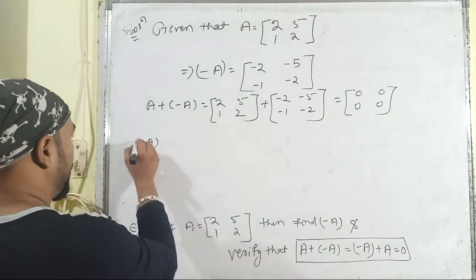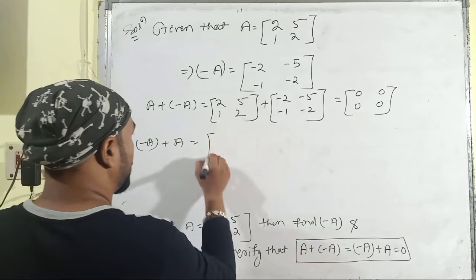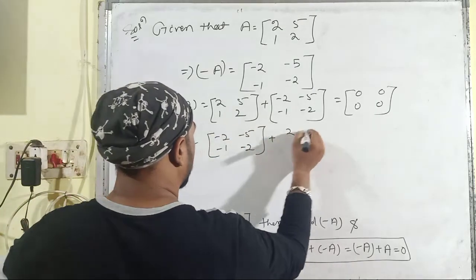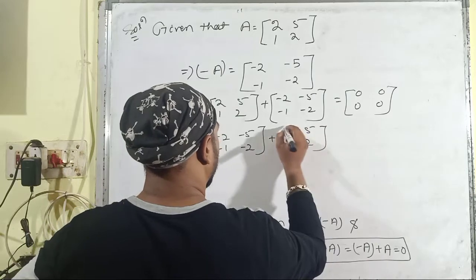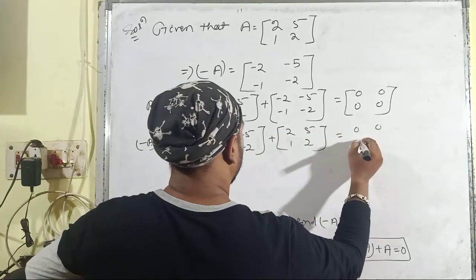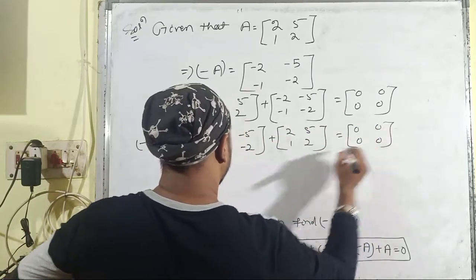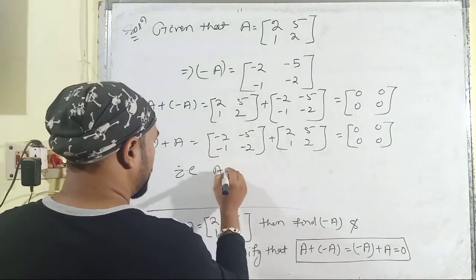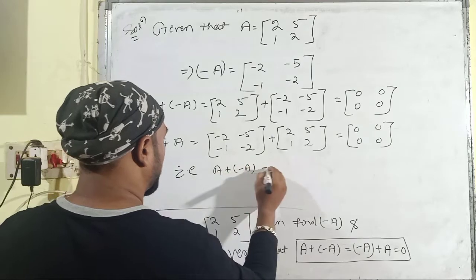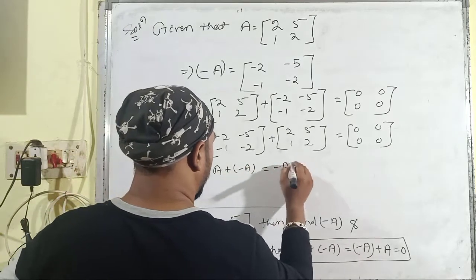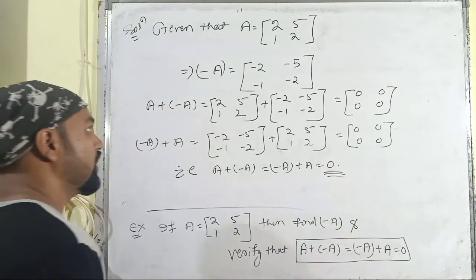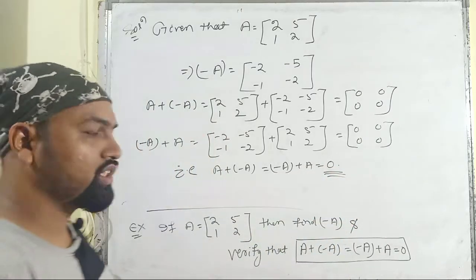Then again minus A plus A, it is [-2 -5; -1 -2] added with [2 5; 1 2], and all the elements are evaluated as 0. That is, the sum of A and minus A as well as the sum of minus A with A gives us the null matrix. And here is the solution for this problem.